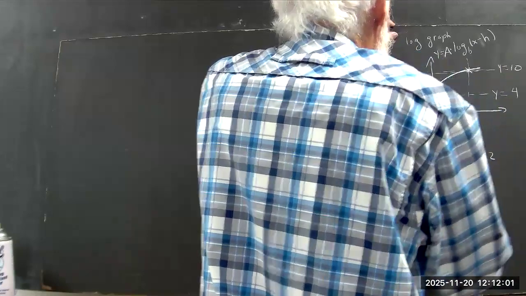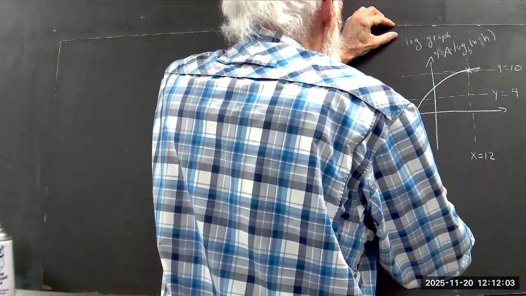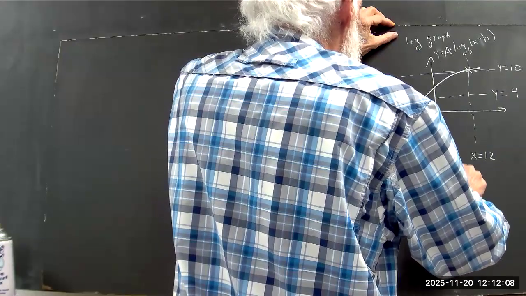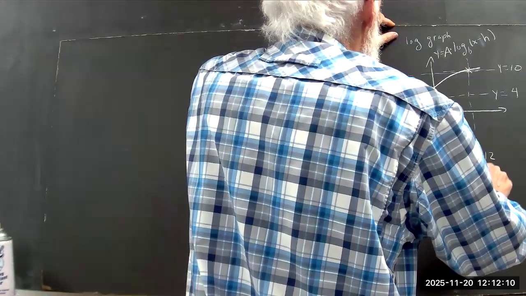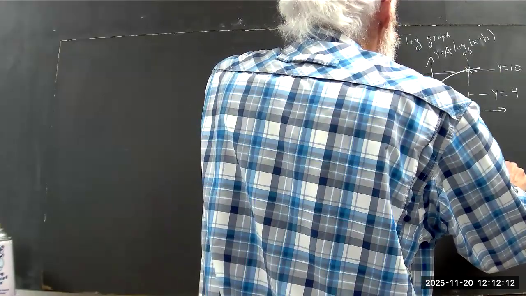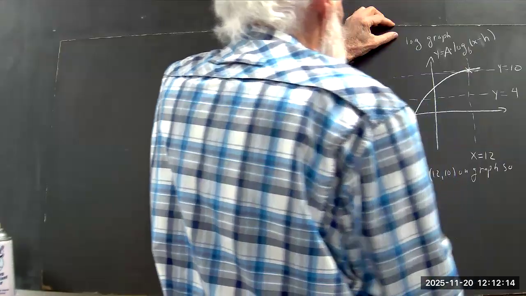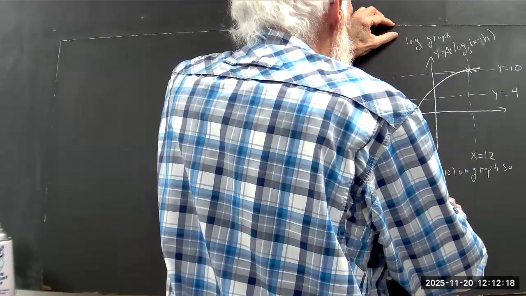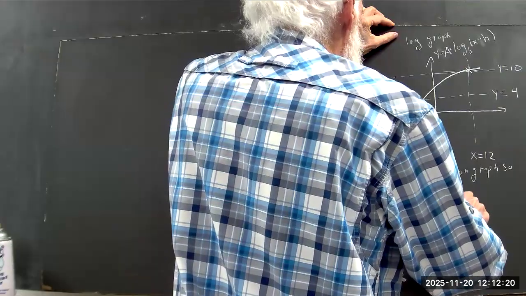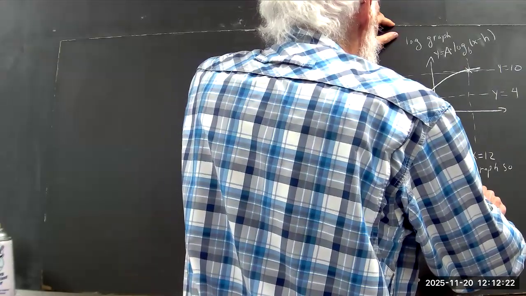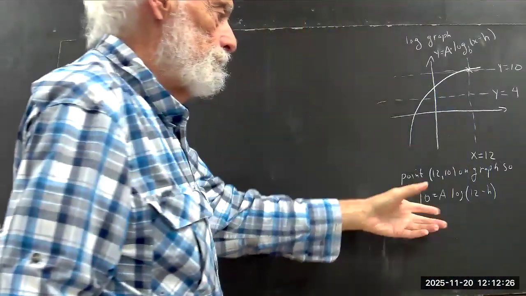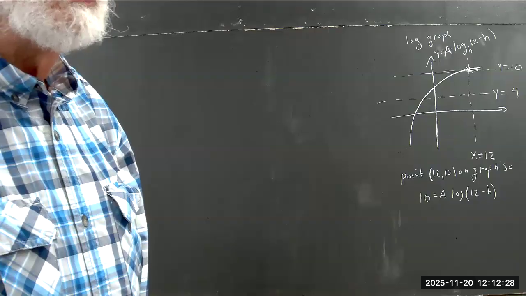So the point 12, 10 is on the graph. So 10 equals a times the log of 12 minus h. And there we have one equation.